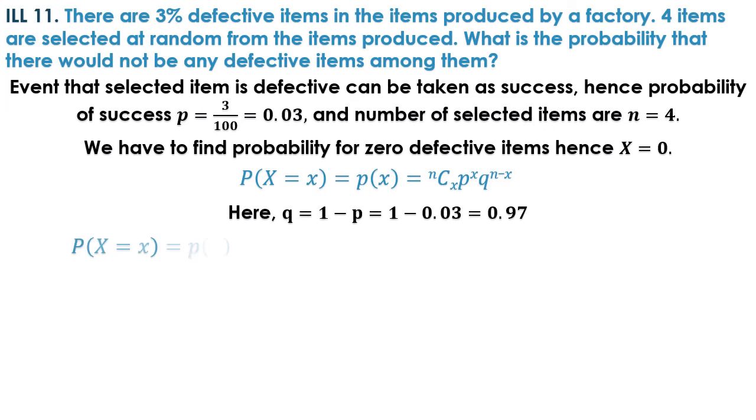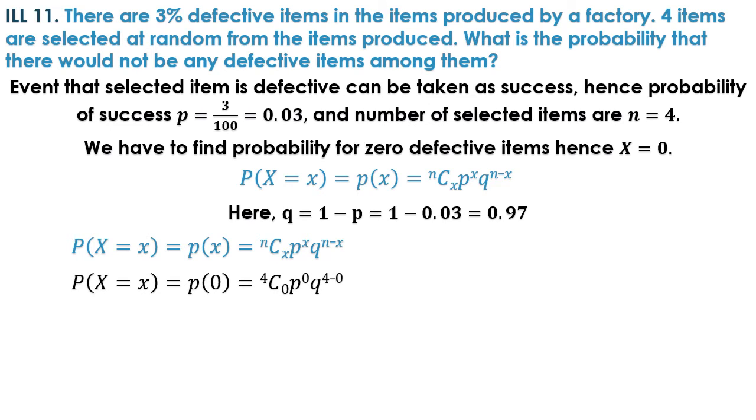Now we will put these values into our probability density function, in which I will replace the values of n, C and x. n is 4, C 0 because x is 0, so p raised to 0 and q raised to 4 minus 0. Now we know that 4C0 is 1, anything raised to 0 is also 1, so p raised to 0 will be 1, and q is 0.97, so 0.97 raised to 4, and your answer here will be 0.885.